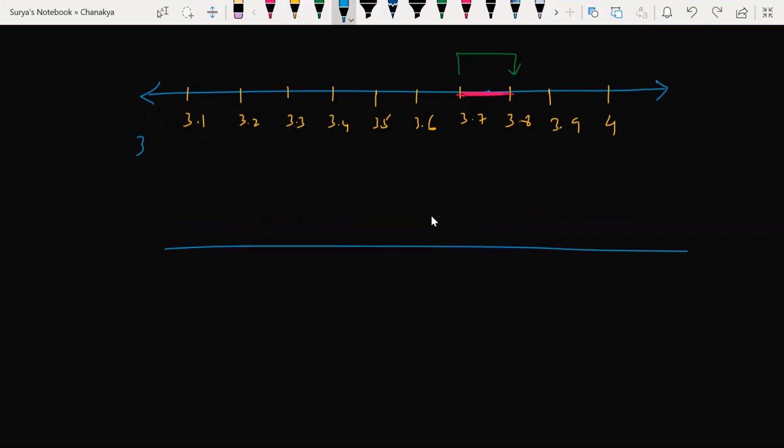Take 3.7, 3.71, 3.72, 3.73, 3.74, 3.75, 3.76, 3.77, 3.78, 3.79, 3.8. This is how we divide that into 10 equal parts.